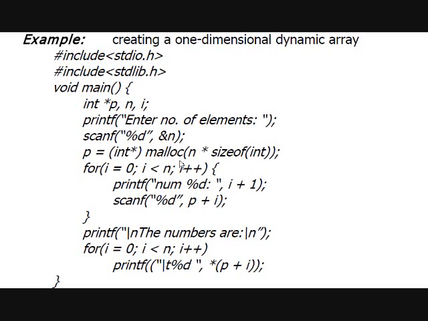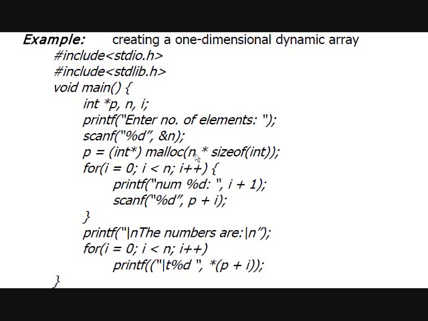Then using malloc, so as you can see here in our argument to malloc, it will allocate 2 bytes of memory using the sizeof operator. Okay, then multiply it by n.